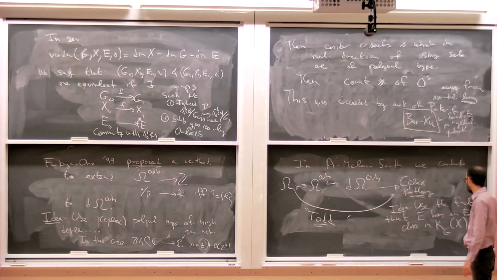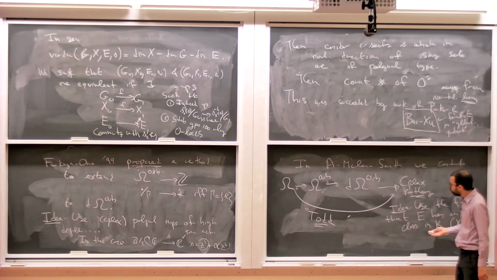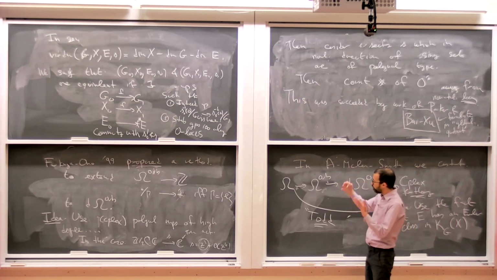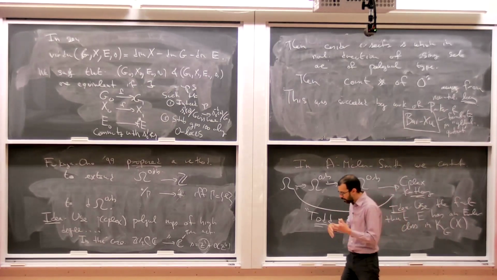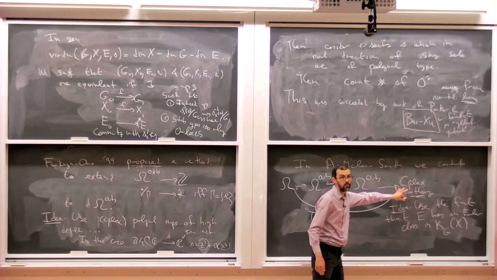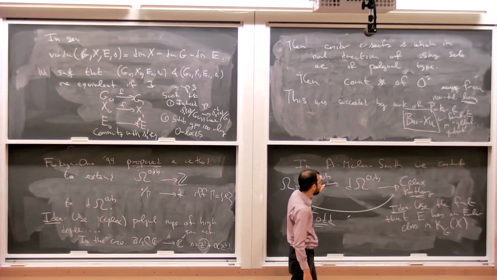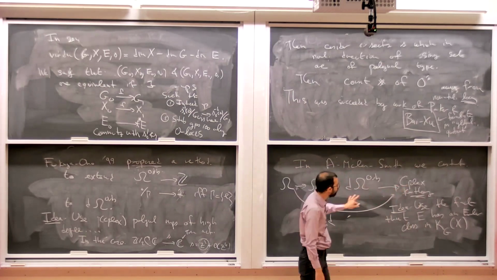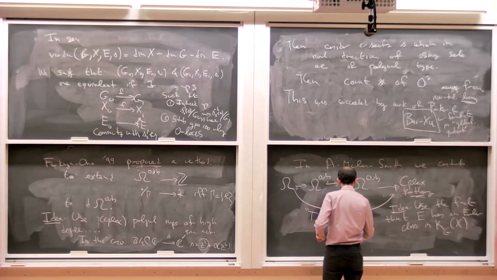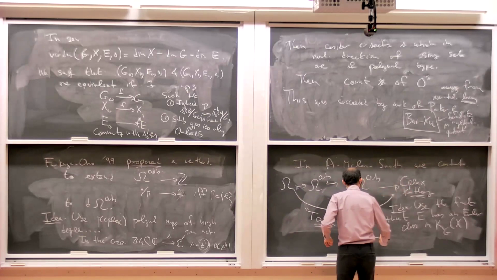Okay. And then, roughly speaking, if you can implement what I said this morning, which is that given a complex-oriented orbifold, you can produce a class in K theory, then you say, oh, that's actually not just a class in K theory. There's a push-forward map in K theory from K theory of X to the K theory of the point.